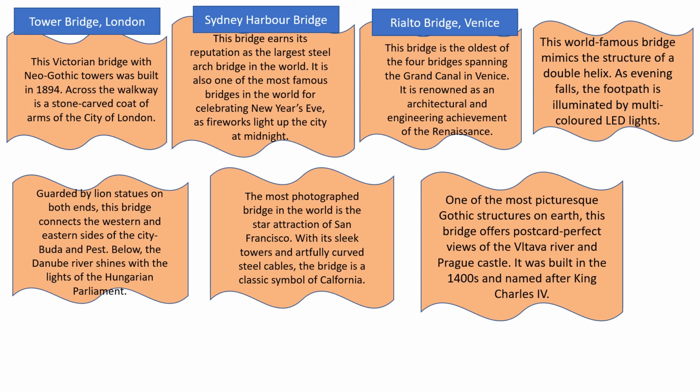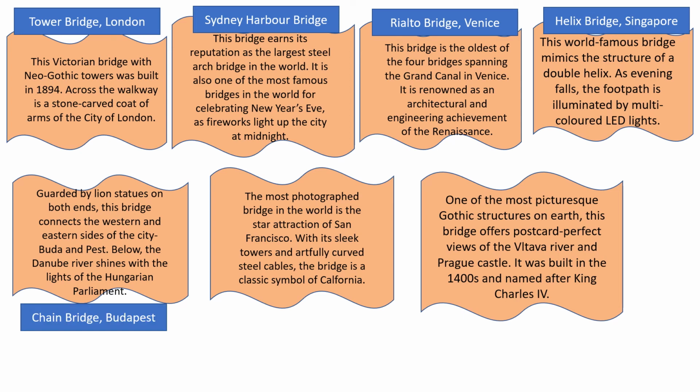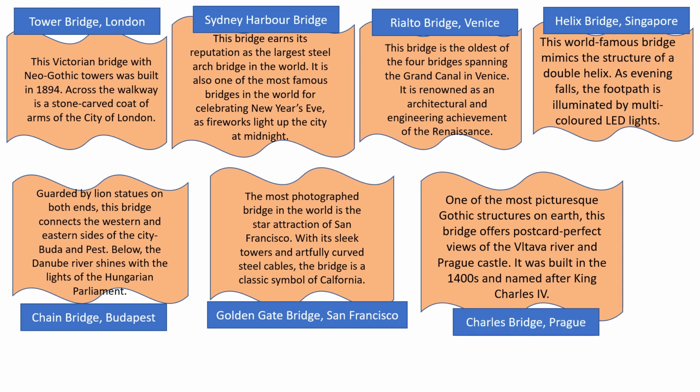Then the bridge that has the structure of a double helix is, of course, Helix Bridge. One bridge that connects Buda and Pest is called Chain Bridge. The most photographed bridge in the world is Golden Gate Bridge. And the last one is Charles Bridge in Prague. Well done.